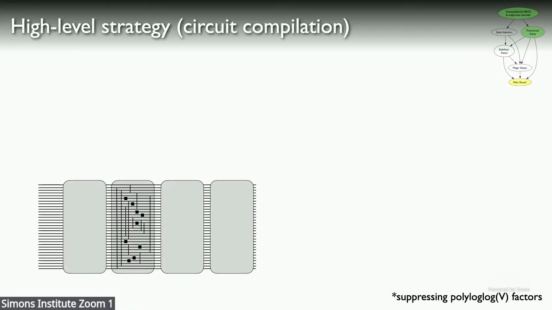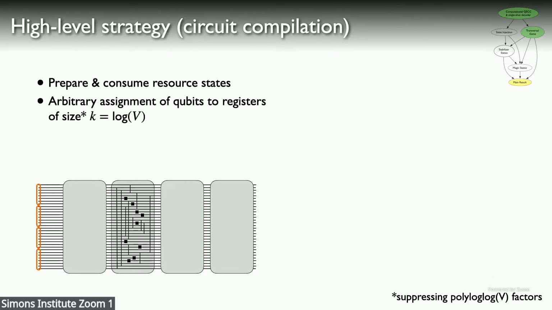So now, given that, the high-level strategy is as follows. I'll tell you later how I do this, but we're going to prepare and consume these resource states. We make an arbitrary assignment of the qubits of the circuit I'm trying to simulate to registers of roughly logarithmic size.